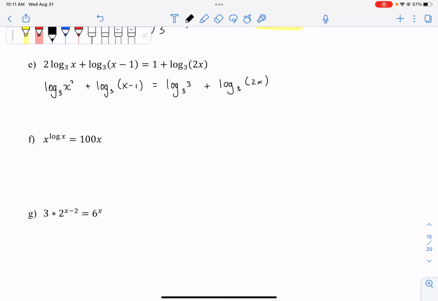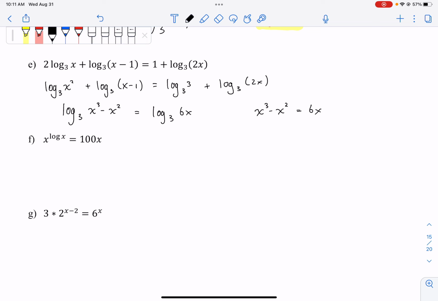All right, combine everything together. Log base 3 of x cubed minus x squared, multiplying since we are adding the same logs together, is equal to log base 3 of 6x. And since the two log bases are the exact same, just equate these to each other. So we have x cubed minus x squared is equal to 6x.